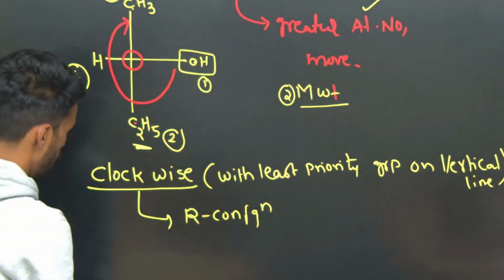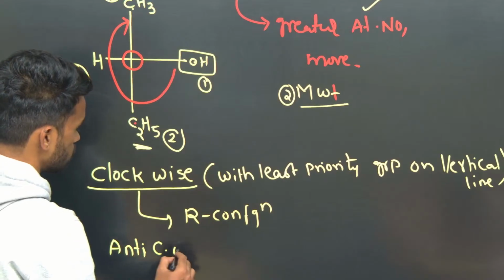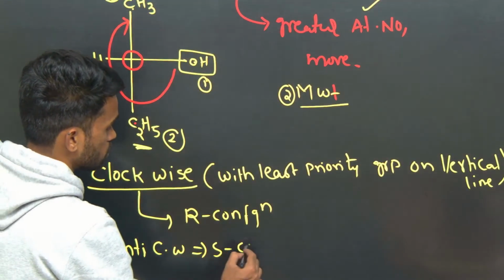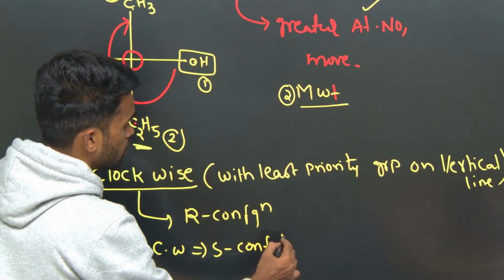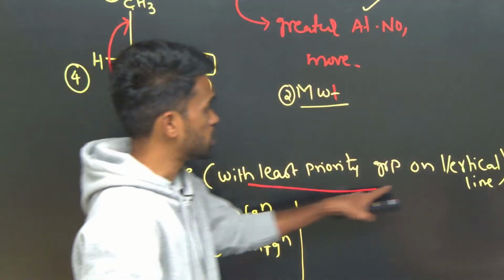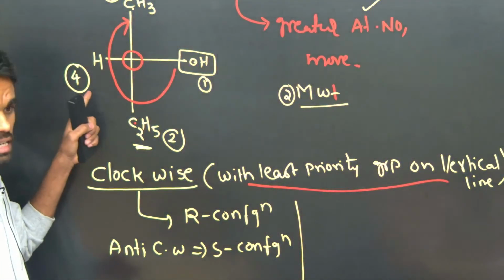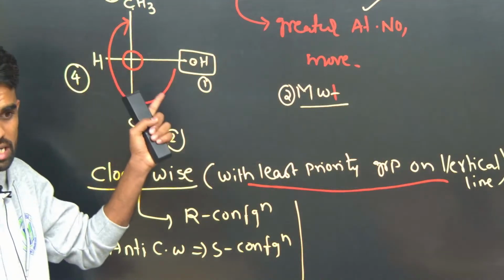And if it is anti-clockwise, S configuration. This scenario applies when the least priority group is on the vertical line. But in the given example, the least priority group is on the horizontal line.